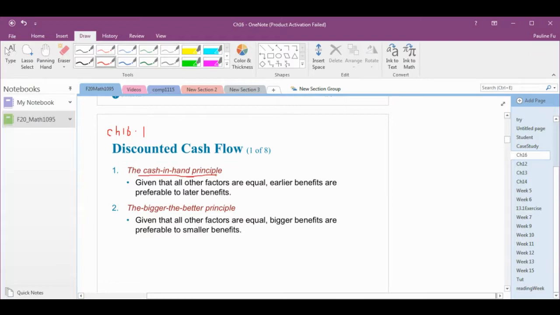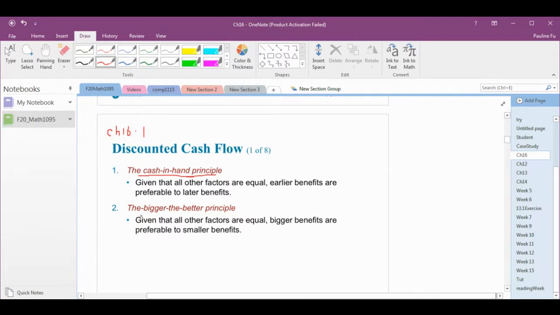Remember, in the current financial situation, people are saying cash is king. So it means given all other factors are equal, early benefits are preferable to later benefits. This is true especially during economic turbulence, uncertain times like right now with COVID-19. Okay. So cash is king.